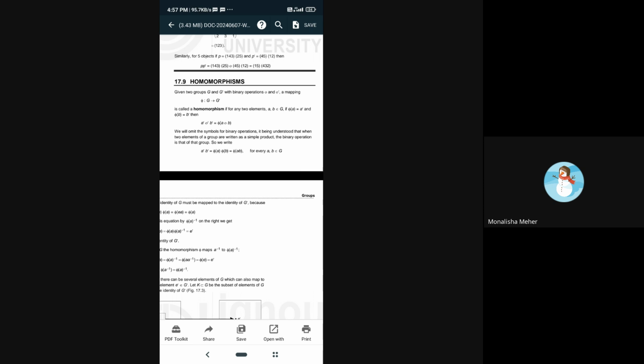We'll omit the symbol for binary operations, it being understood that when two elements of a group are written as a simple product, the binary operation is that of that group.